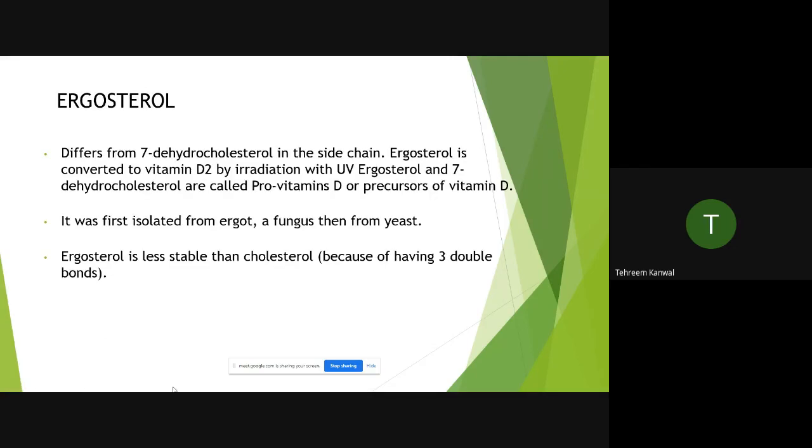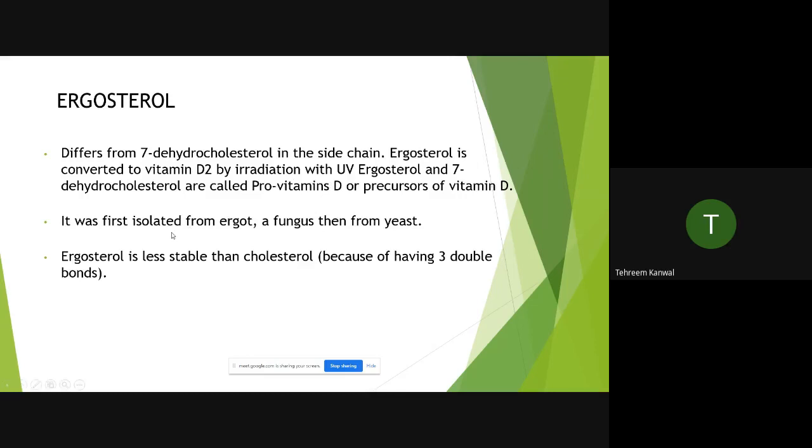Then ergosterol. Previously, I told you that vitamin D has two sources. One is the animal source, which we already discussed. The second is ergosterol, which is a plant source. From plants, we get vitamin D2 in the form of ergosterol, and in a similar manner, on irradiation with UV light, it will be converted into D2 and D3 respectively, through different metabolic pathways and different enzymes.